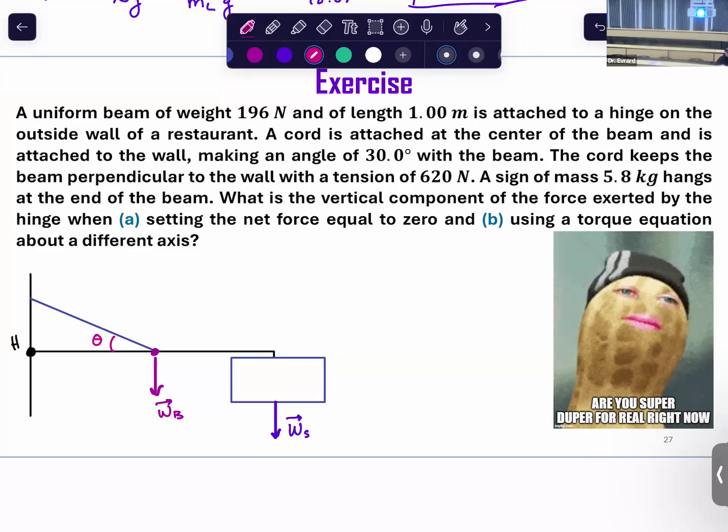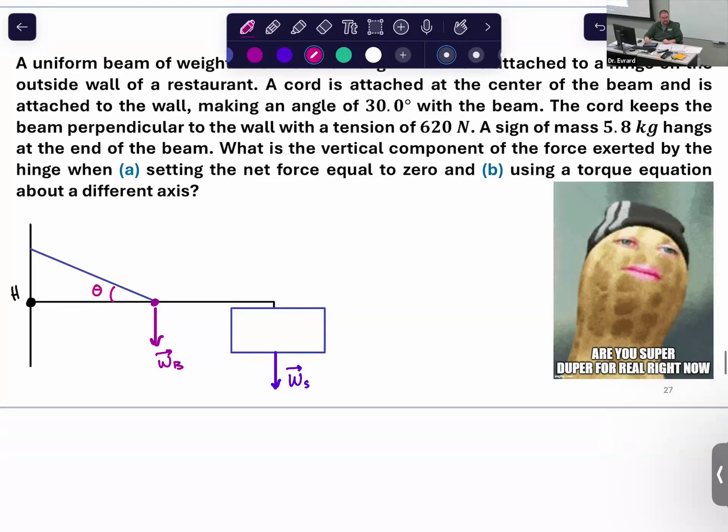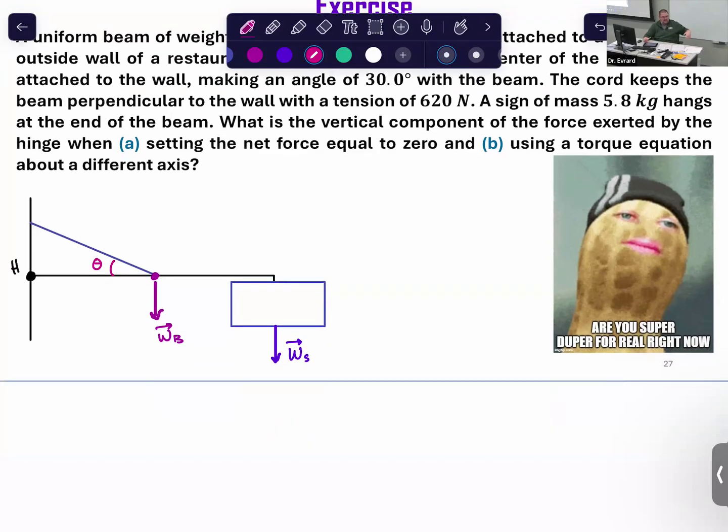The hinge is attached to the wall, and to keep the beam from rotating, that hinge is gonna supply a force. The sign's gonna try to cause a rotation while the hinge stops that. But we can't necessarily say up or down right now because we also have the force from the cable.